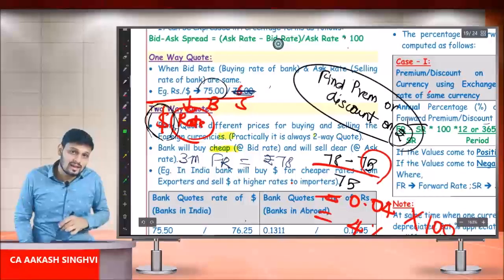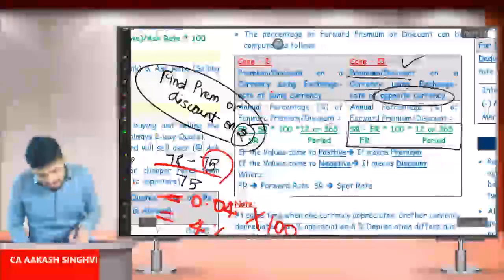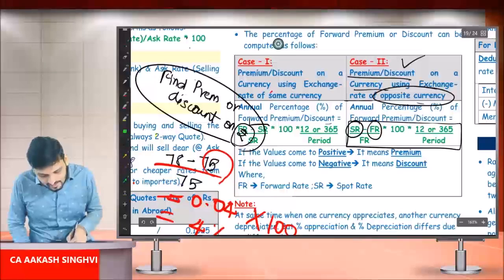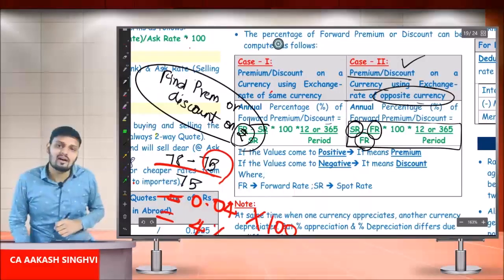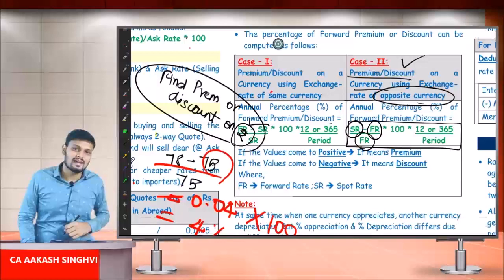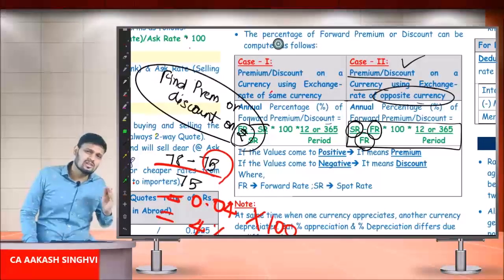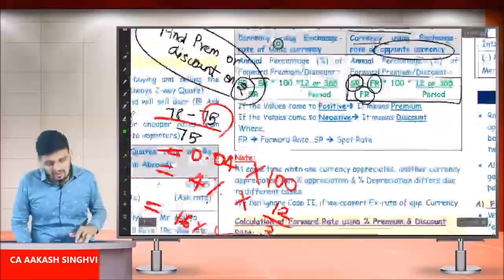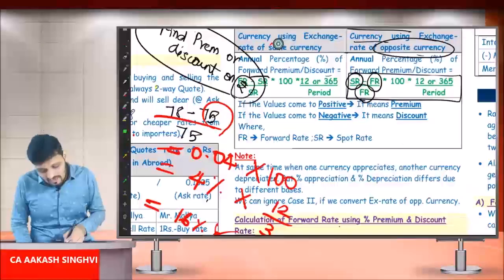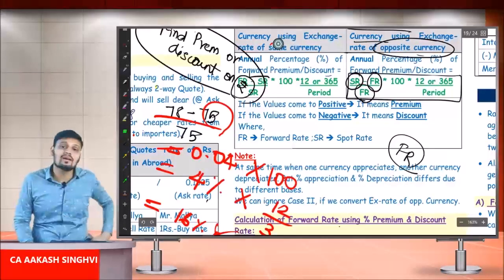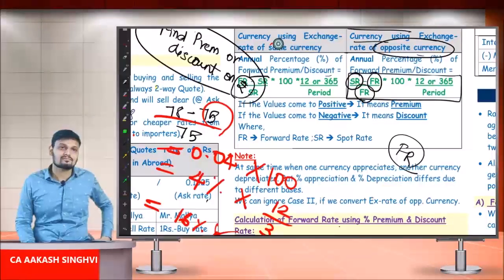Okay, so in this case, the formula becomes SR minus FR divided by FR. SR minus FR divided by FR. The same logic goes for this also, the same formula. Here the base becomes FR. Why?